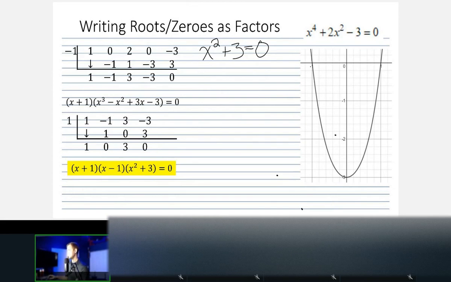All right, so how do we solve this? What do we do first? Subtract 3 from both sides. Very good. All right, now what do we do? We square root both sides. Yes.